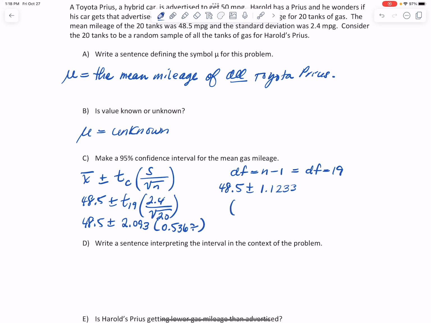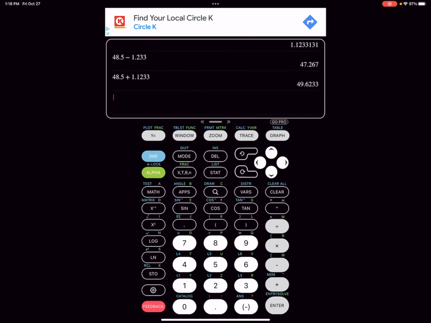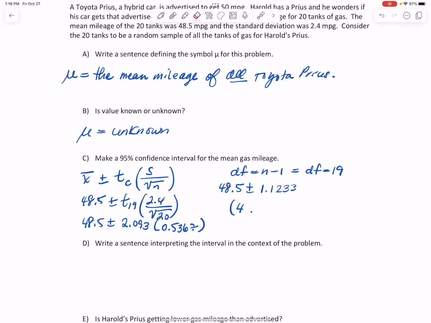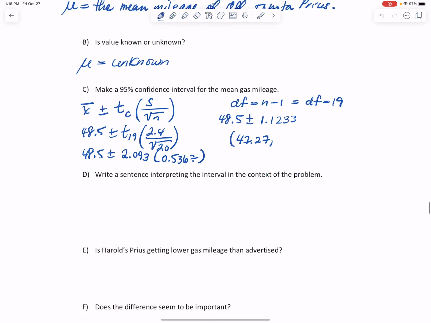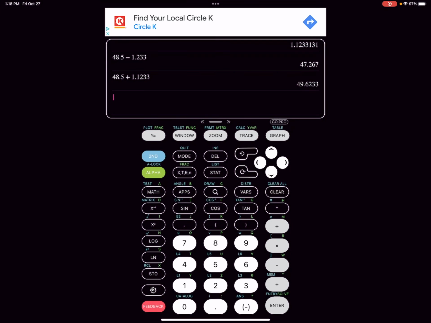So I have my interval now, 47.27, and then I had 49.62, I believe. Yes.